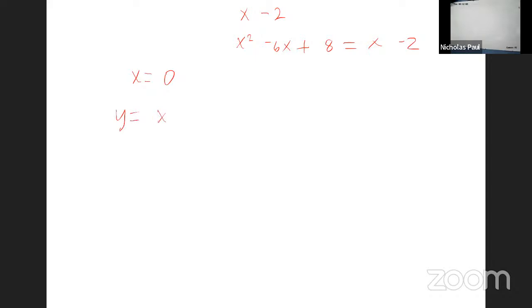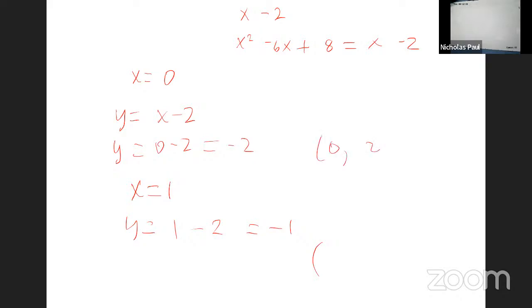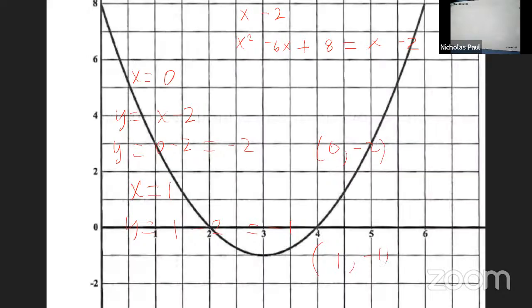Remember, y is x minus 2, so y is equal to 0 minus 2, which is minus 2. When x is 1, y is equal to 1 minus 2, which is minus 1. So we have to plot those 2 points now, (0, minus 2) and (1, minus 1). So let's come back here and plot it.